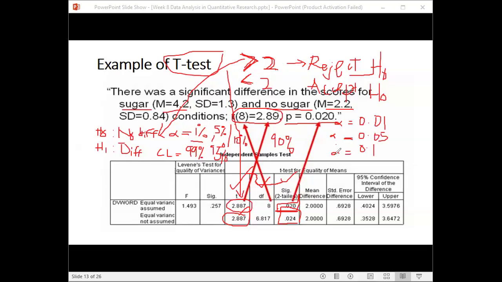When you are doing these things, the best is the 1%. Just from last week, you remember when we were selecting our sample, whenever we chose 99%, the sample size became very big. When you reduce it to 95%, the sample size becomes a bit smaller. When you reduce it to 90%, you have a very small sample size.